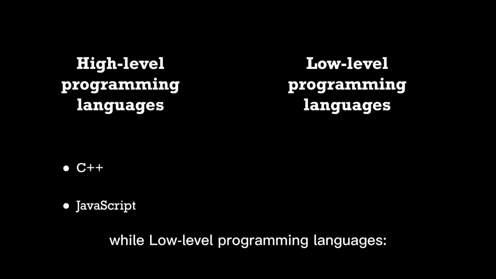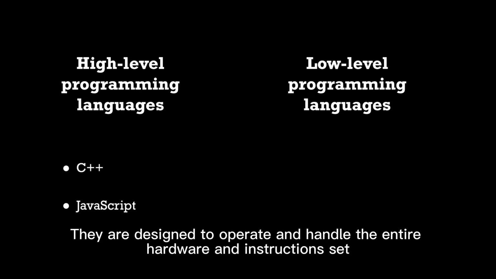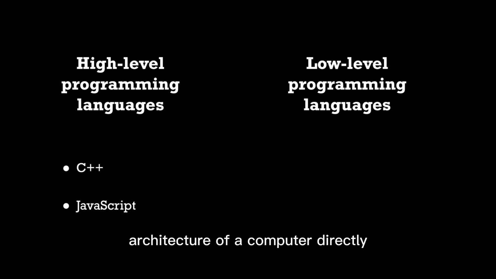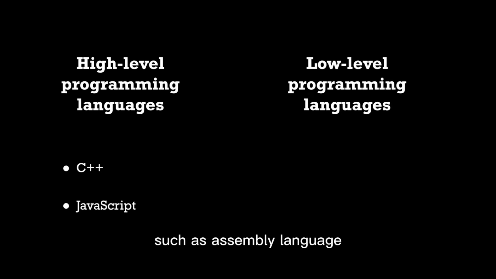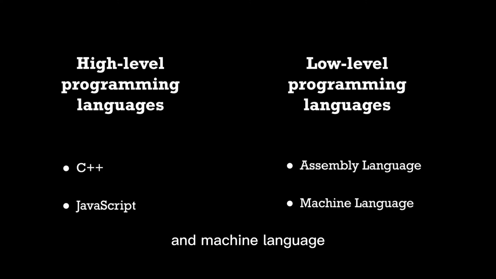While low-level programming languages are designed to operate and handle the entire hardware and instruction set architecture of a computer directly. It requires developers to understand the operating principle of the computer and execution details, such as assembly language and machine language.